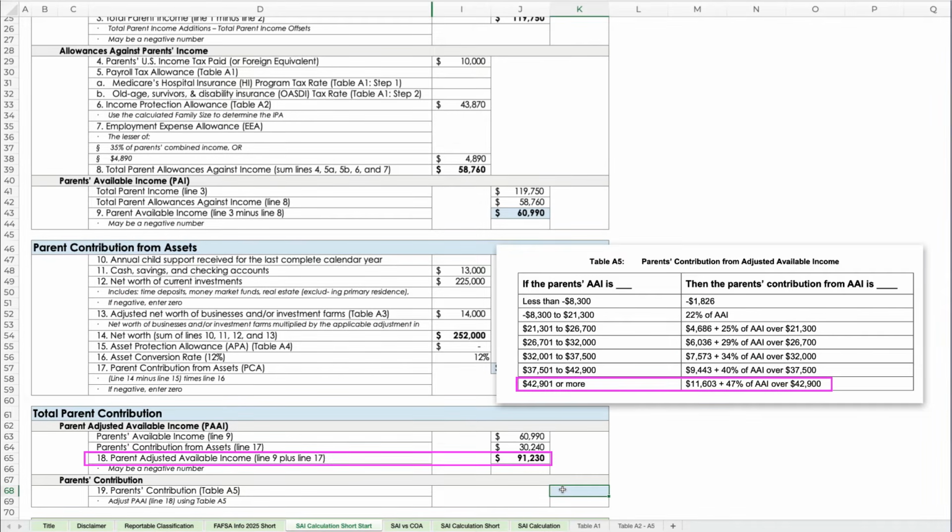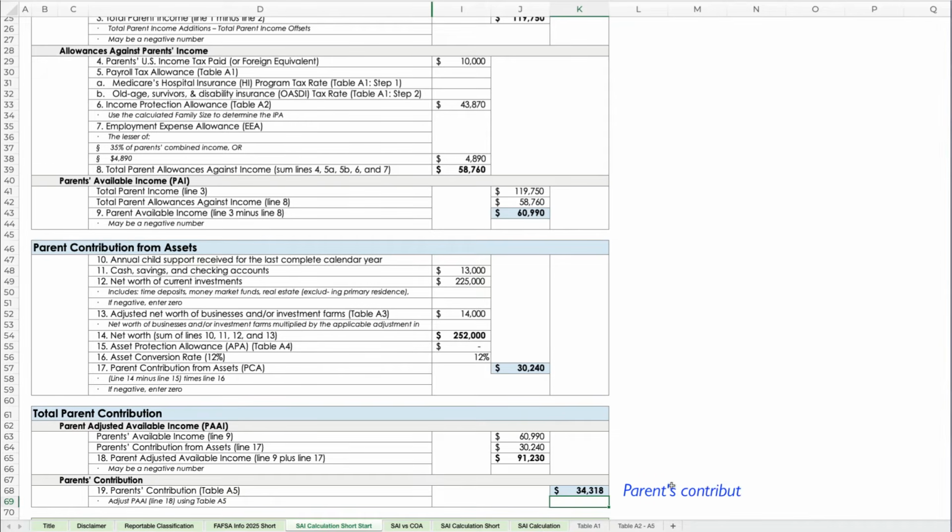We reference this amount in Table A5. Since the amount exceeds $42,901, we take $11,603 and add 47% of the amount over $42,901, which results in $34,318, which is the parent contribution toward SAI.